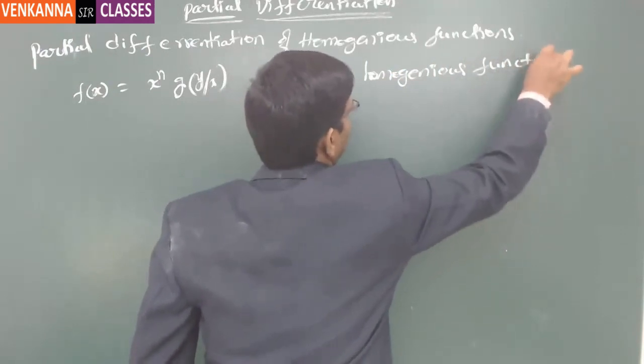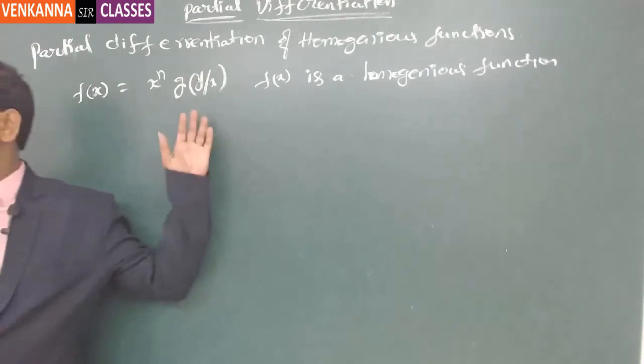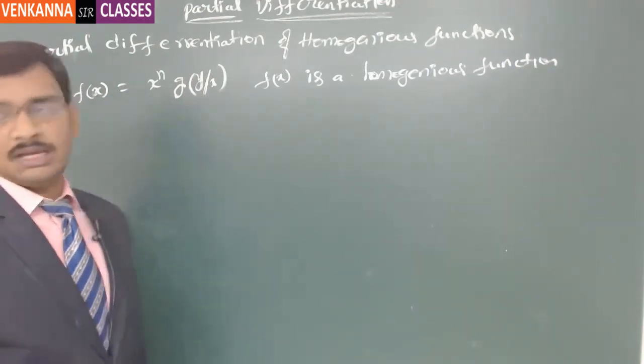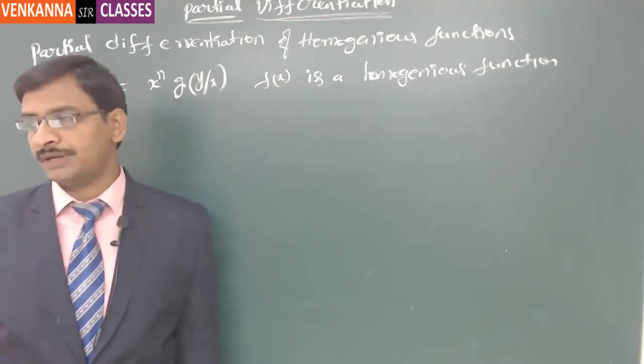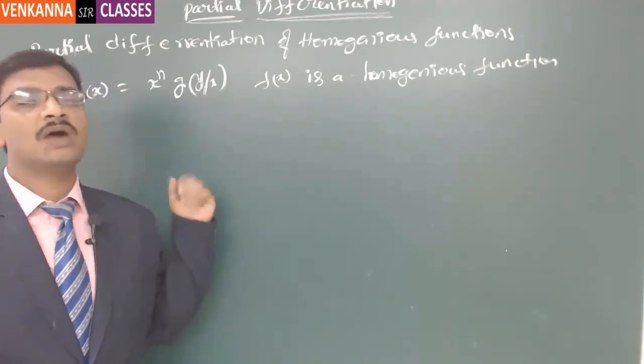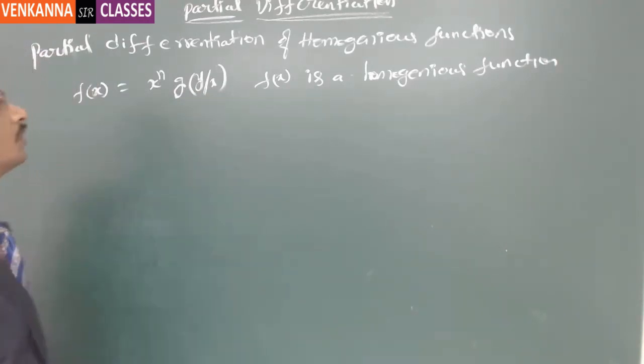If you take x power n out, the remaining term should contain only y by x, and this kind of function we call a homogeneous function, right? For specific homogeneous functions, we have some formulas associated with partial differentiation. That's what we are going to deal with.